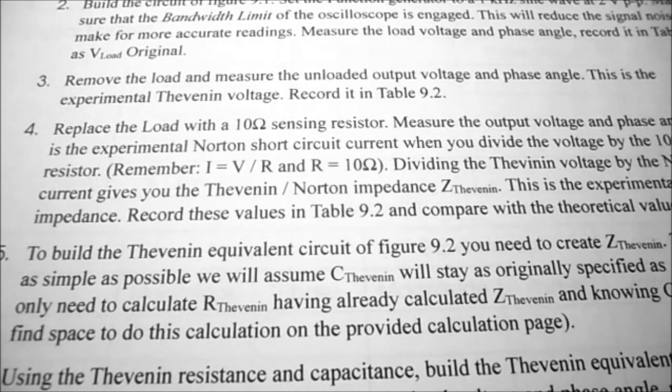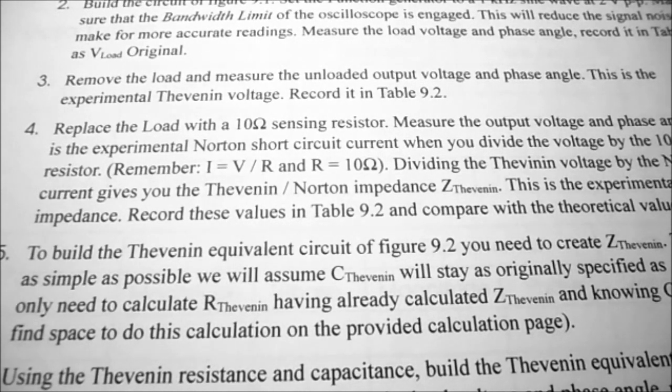Remember Ohm's law, I equals V over R, and R is equal to 10 ohms. Dividing the Thevenin voltage by the Norton current gives you the Thevenin-Norton impedance, Z Thevenin. This is the experimental Thevenin impedance. Record these values in table 9.2 and compare with the theoretical values.